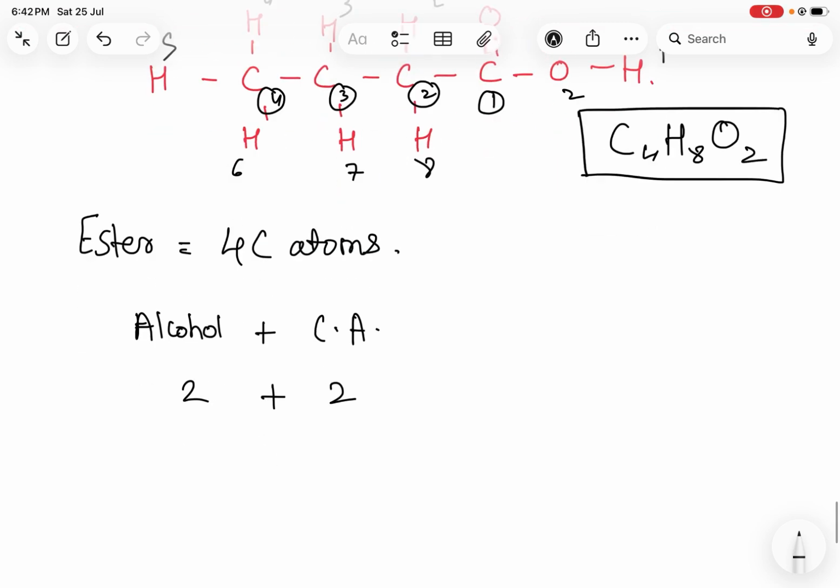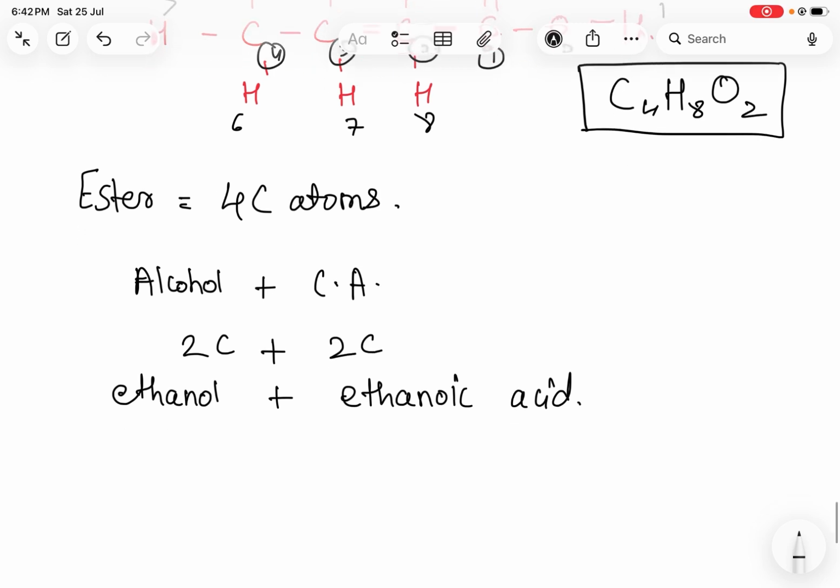Okay, so here I can simply take ethanol, react it with ethanoic acid. So what will be the name here? Ethyl. Ethanol will get converted to ethyl, and here it is ethanoate. That is one way.